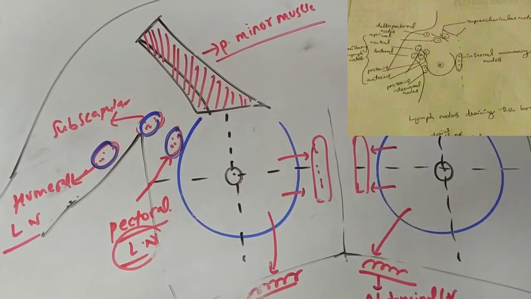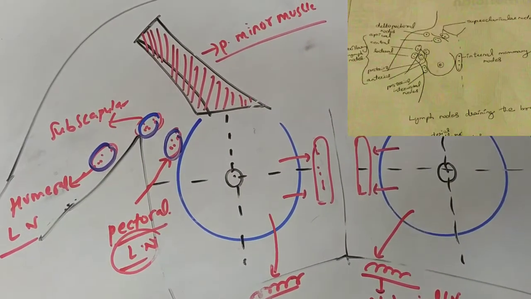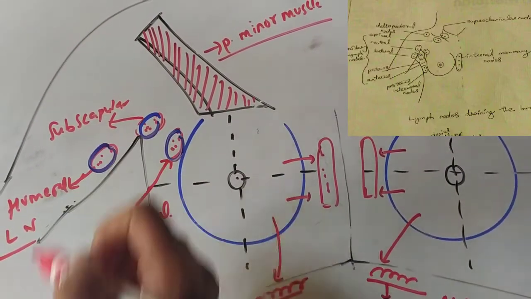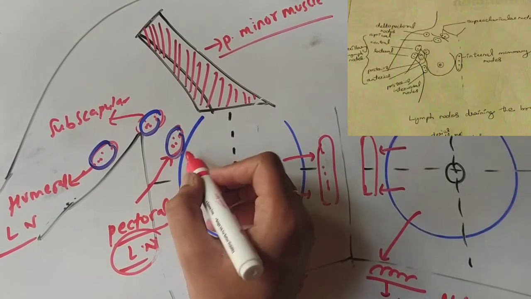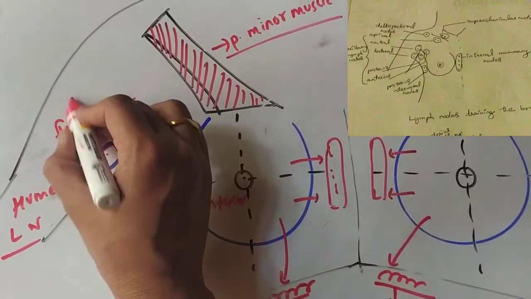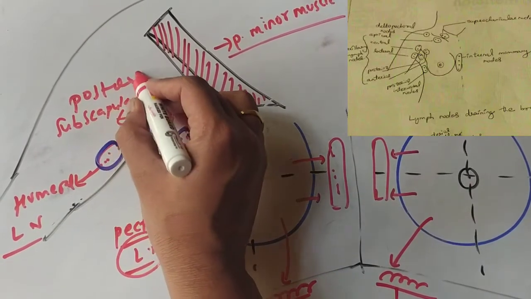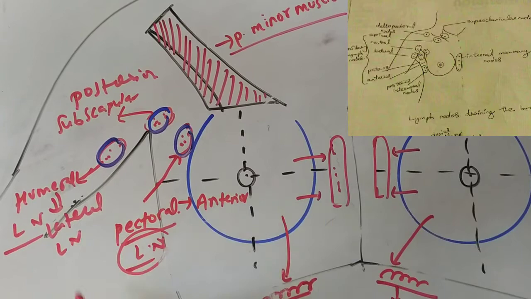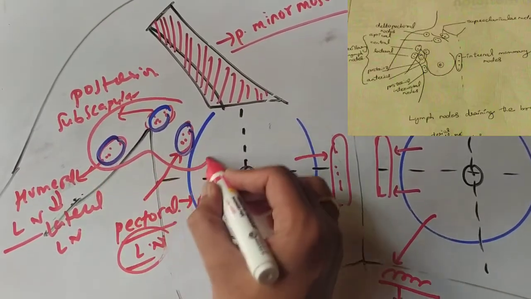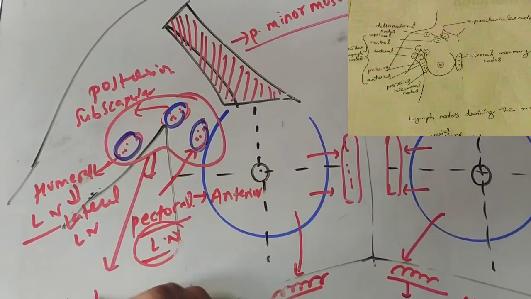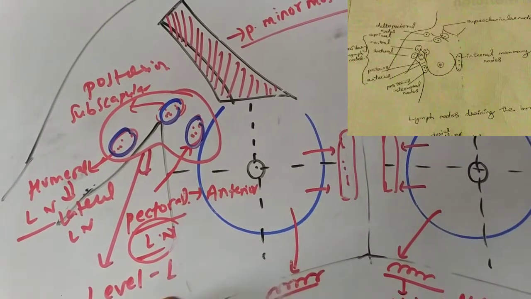These three, the pectoral, humeral, and subscapular, are also known as follows: the pectoral is the anterior lymph node, the subscapular is the posterior lymph node, and the humeral is the lateral lymph node. Overall, these three lymph nodes are known as level 1 lymph nodes.